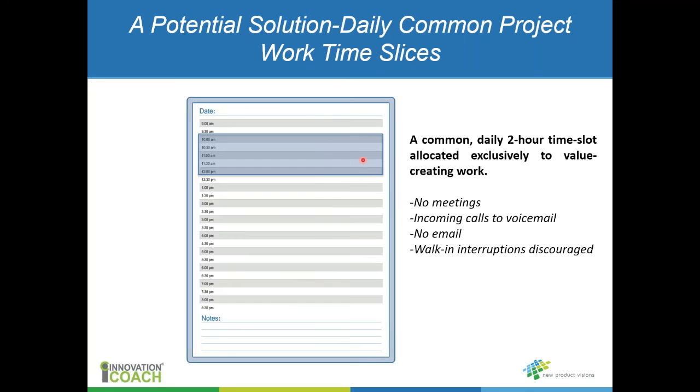During this 2-hour time frame, you make sure that you schedule no meetings for people. A project team might want to meet by themselves, but no big meetings are scheduled, whether at the company level or project-related.